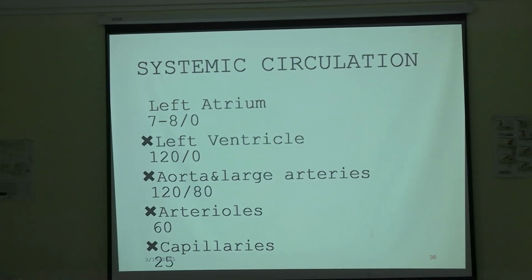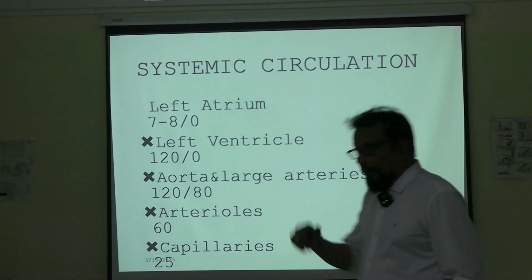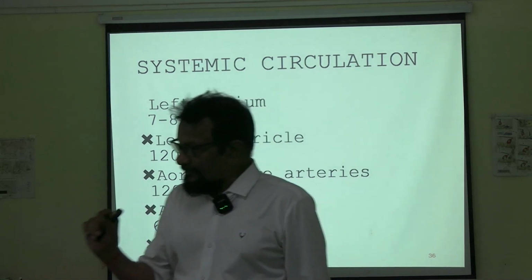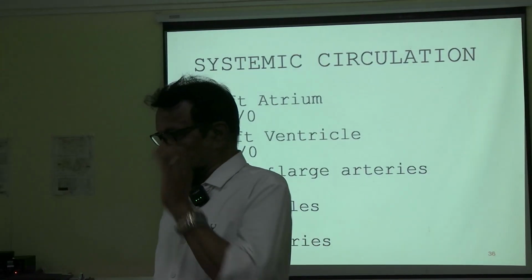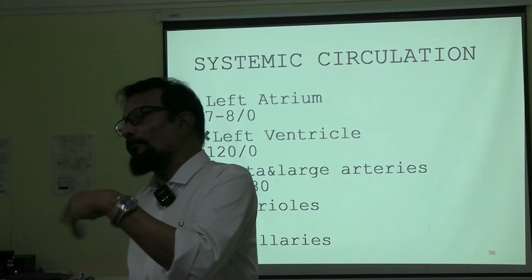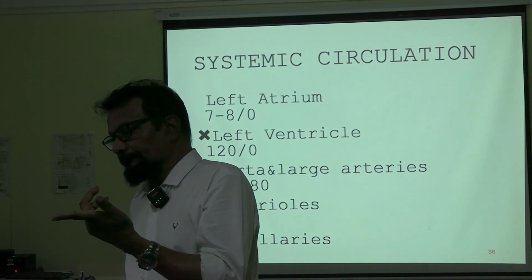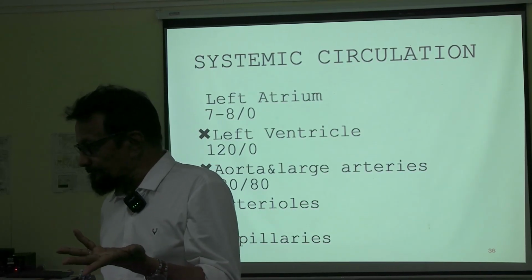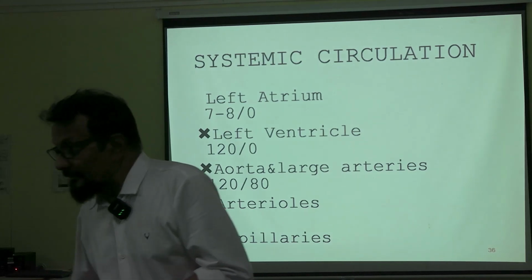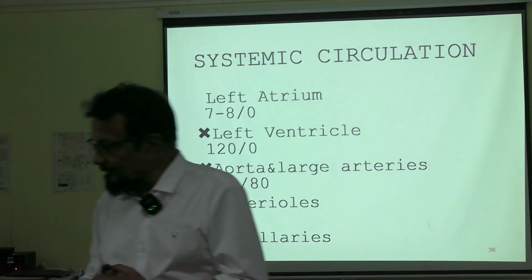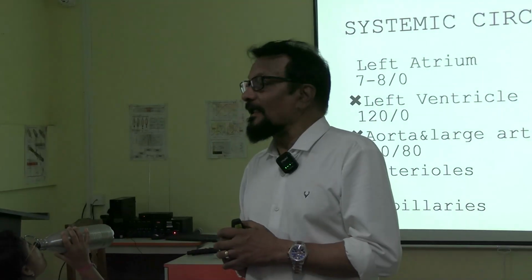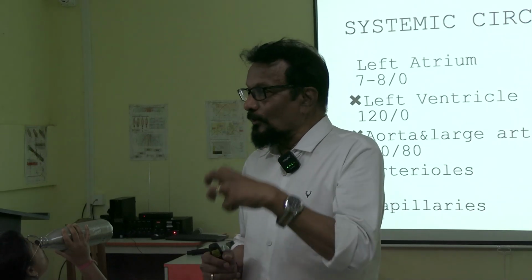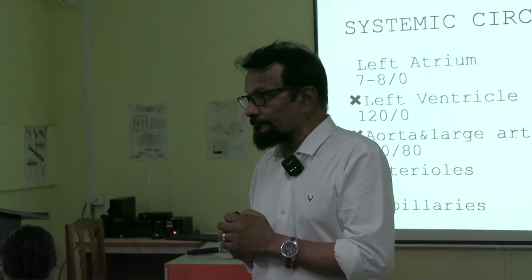Now I am coming into the composition of the wall. The first, tunica adventitia, it is made up of what? What is the composition of tunica adventitia? Yes, collagen fiber and elastic fiber. What is the purpose of elastic fiber here?